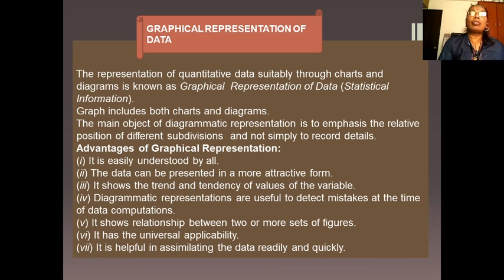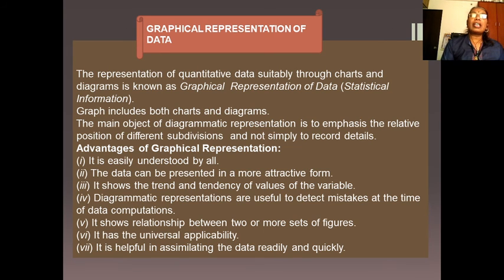Graphs include both charts as well as diagrams. The main object of diagrammatic representation is to emphasize the relative position of different subdivisions and not simply to record details. There are some advantages of graphical representation.